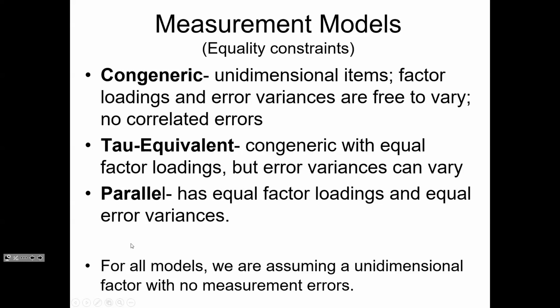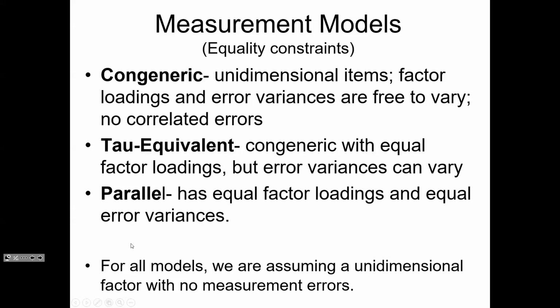So if you fit a single factor model, just a regular garden variety single factor model, that is a congeneric model. That's just the name for it. So nothing special. We've done a bazillion congeneric models. They're just regular old models.